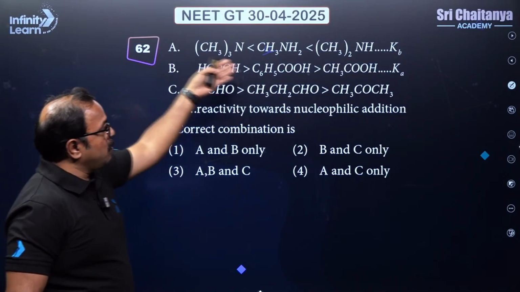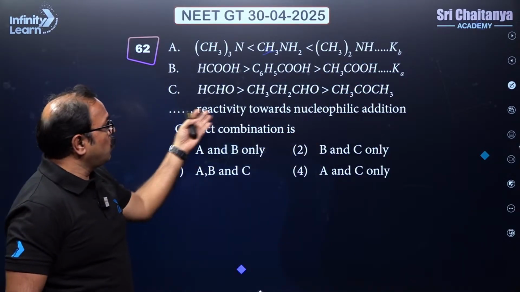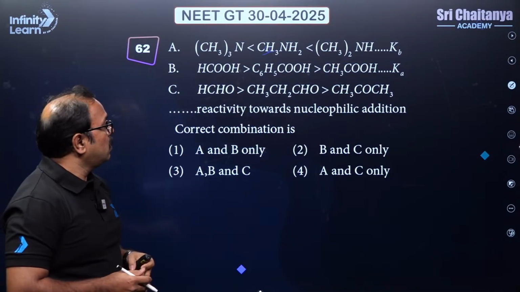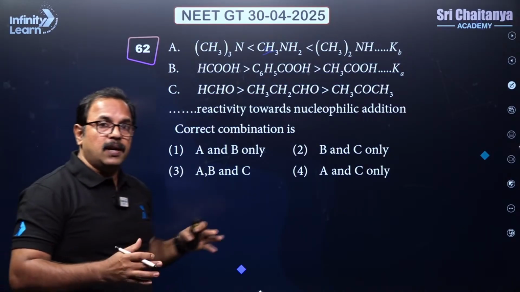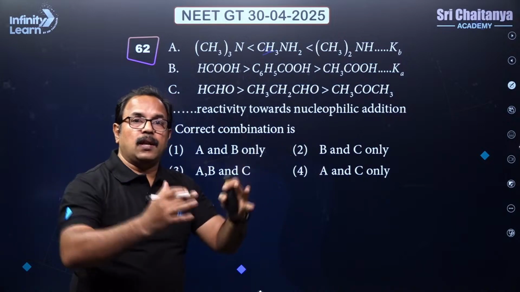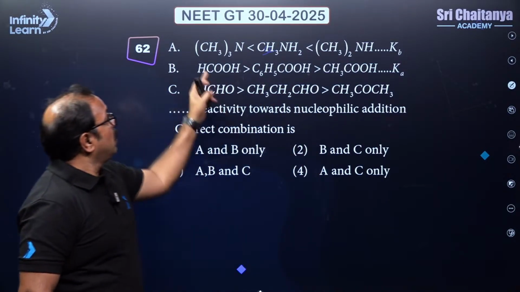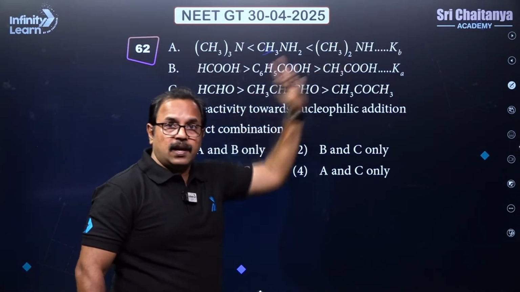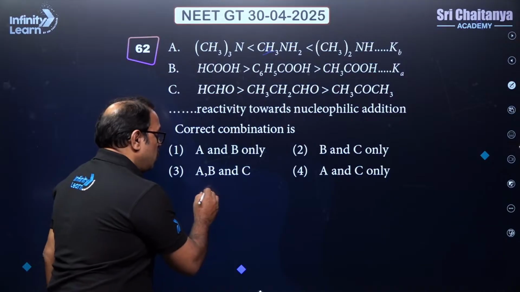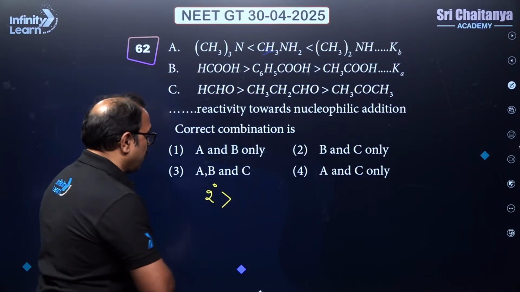Now in this question they have given the basic nature order, the acidic nature order, and one more is reactivity towards nucleophilic addition. Three different topics. Now what happens in a grand test is that different chapters can be clubbed in the form of one question. That's why this is a grand test type of question. Now you see this Kb value. Whenever you have methyls and ethyls, we know that the Kb value is more for secondary.